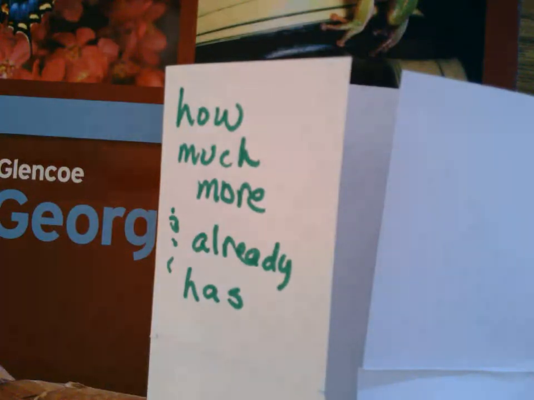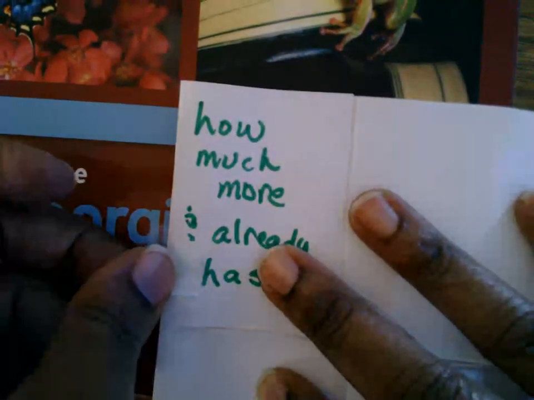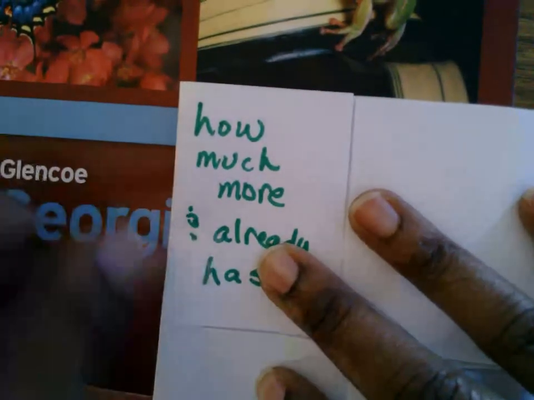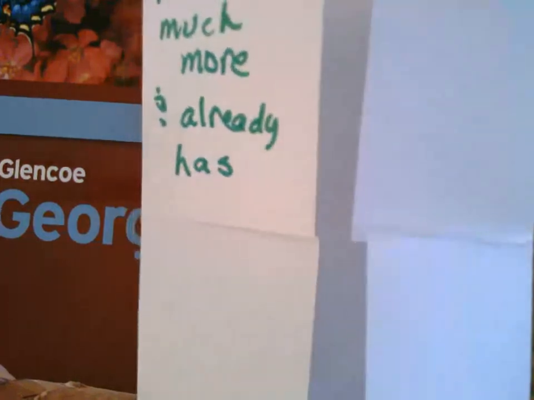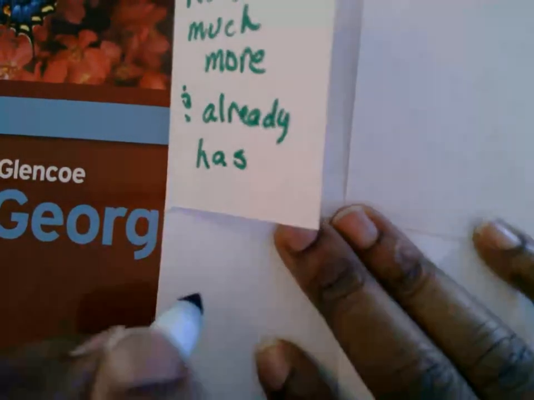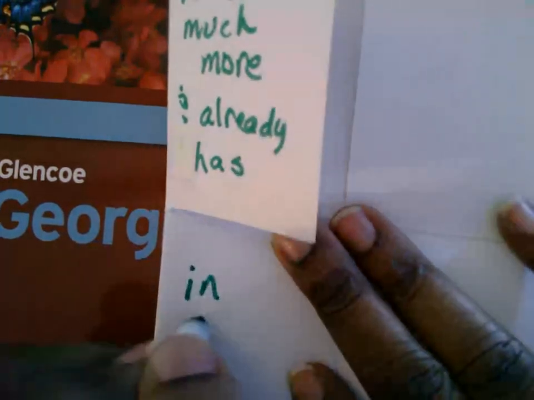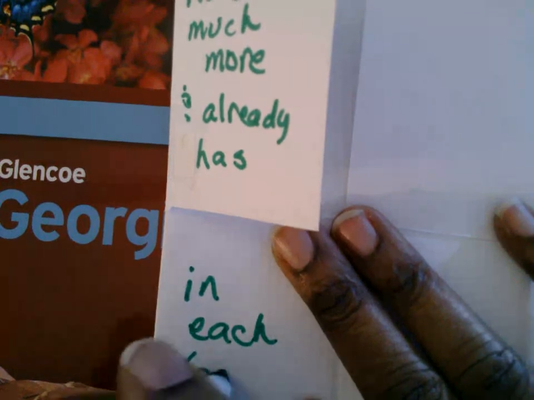Give me some magic white out right here. There. Okay, the next phrase is in each. And in parentheses, I'm going to put per.